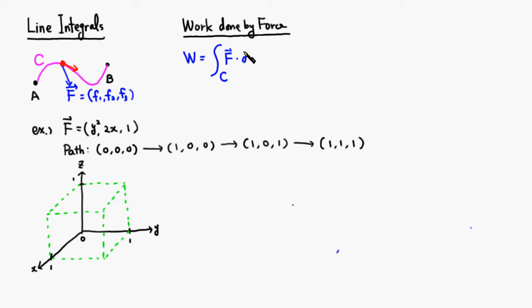And maybe I should write it this way. I'm going to do it by components, so F1 comma F2 comma F3 dotted with dx comma dy comma dz, which is the same thing as F1 dx plus F2 dy plus F3 dz.